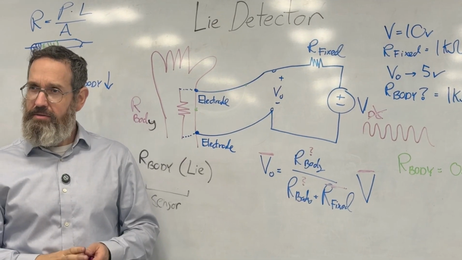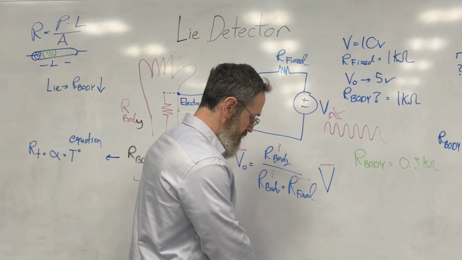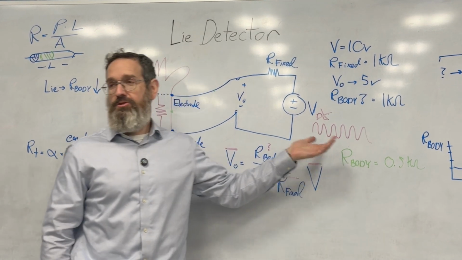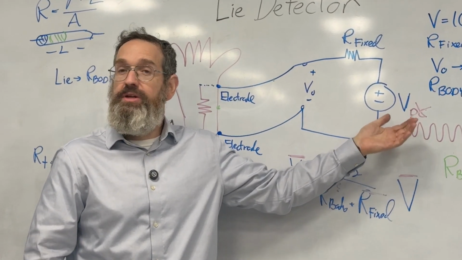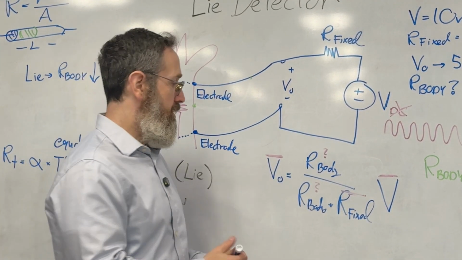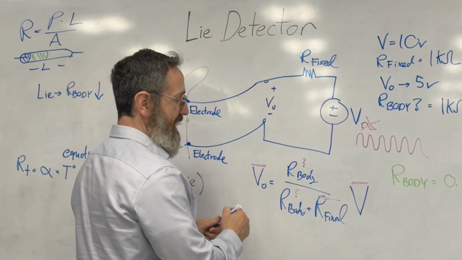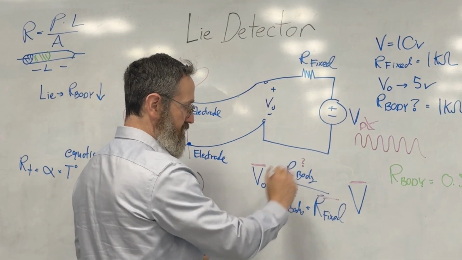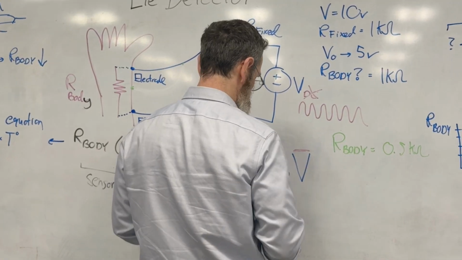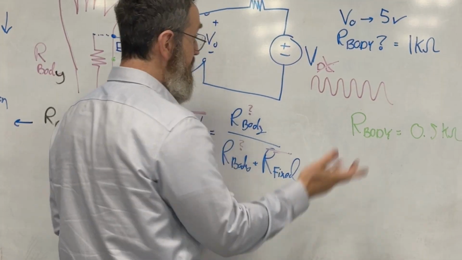What will happen? Let's think about it. We can approach this with sinusoidal steady state analysis, but I don't really think we need to because it's just resistors here. So I can simply take this equation and rewrite it, replacing V with the sinusoid that I'm putting in.